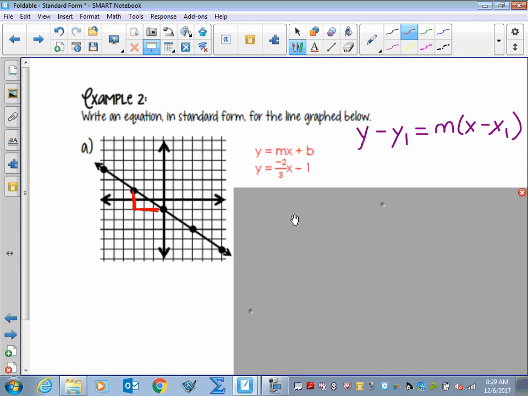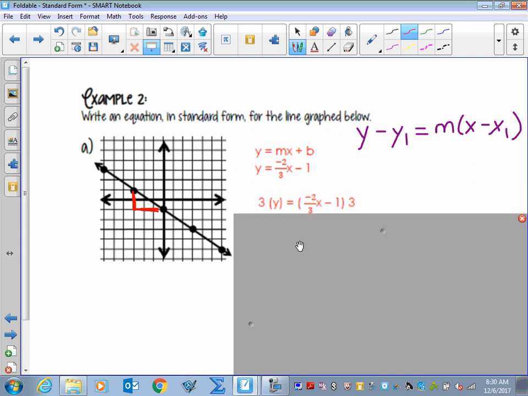All right, so now I need to convert it to standard form. Ax plus By equals C, with integers and a whole number for the A term. So first, you can get rid of all of the fractions here. That means we're going to multiply everything by 3, both sides. So then I'll end up with 3y equals negative 2x minus 3.